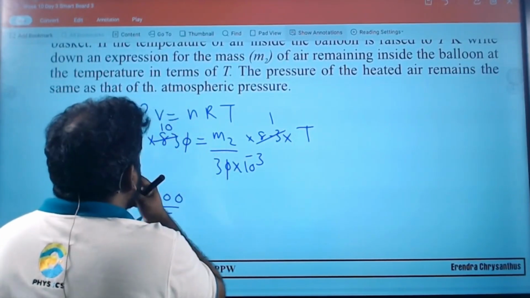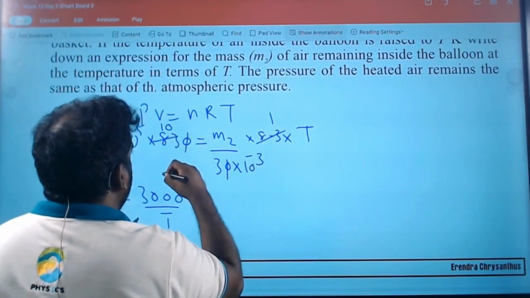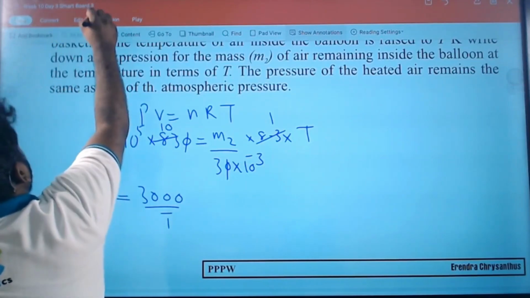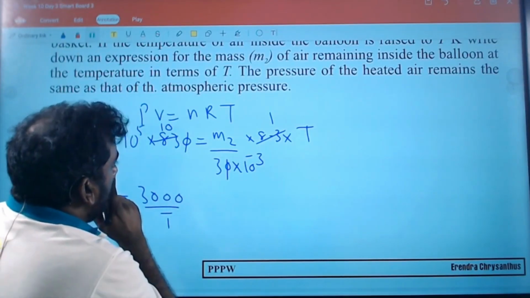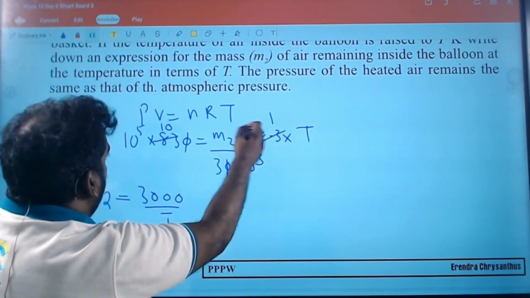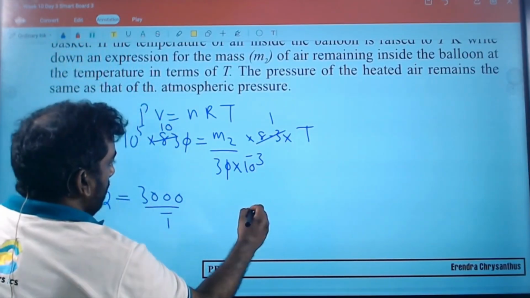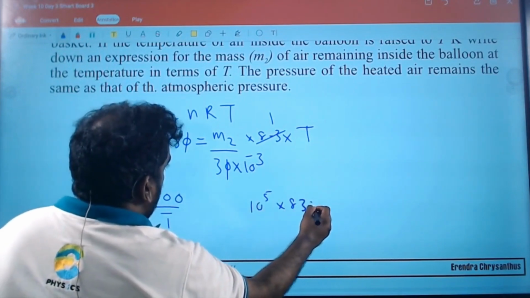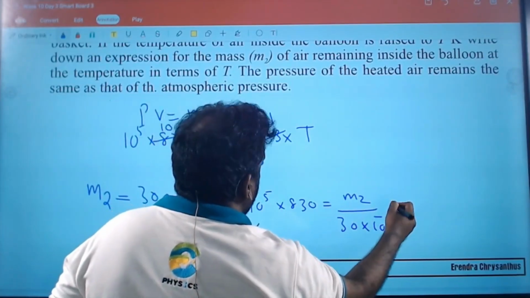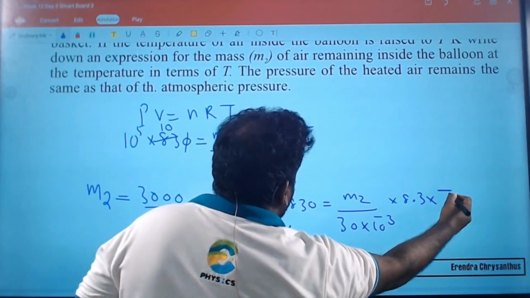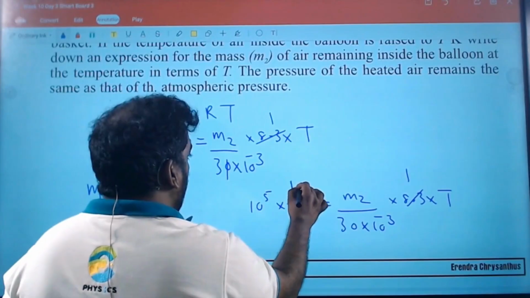So here, I'll erase and do it. 8.3 times 100, let's say, 10 to the power 5. 830 into 30 grams converted to kilograms into 8.3 into T. 8.3 times 1 into 100.